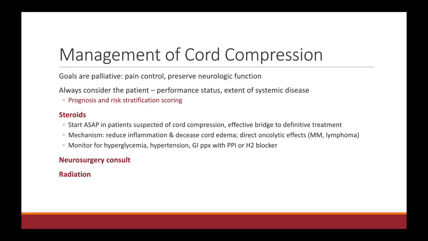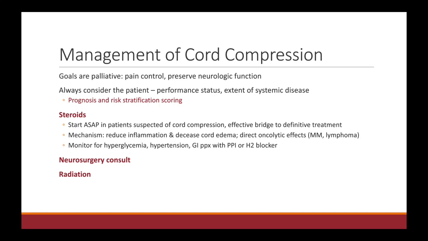However, there are situations when cord compression is the presentation of their cancer, and they don't have any history of malignancy, and then they come in with either weakness, bowel bladder incontinence, and you see that there is something pressing on their cord. These situations can be really challenging because in an ideal situation, we will never deliver radiation unless we have a tissue diagnosis of cancer. And every clinical situation is unique.